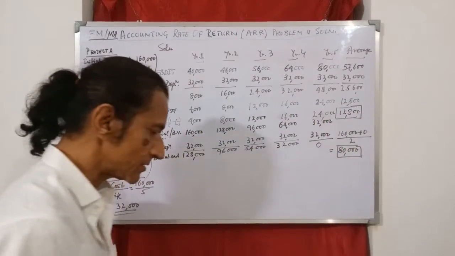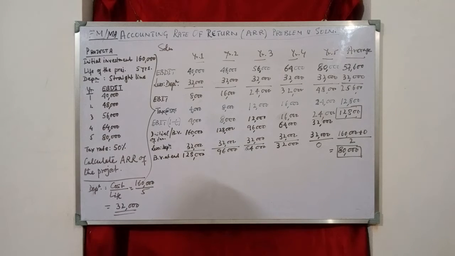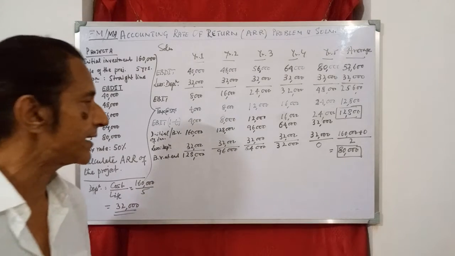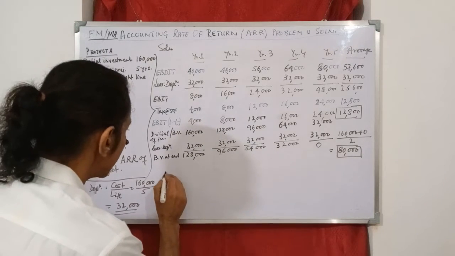So we have got the two data that are required to find out the ARR. So we can now easily find out ARR.